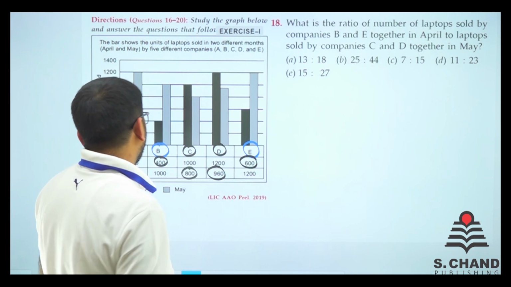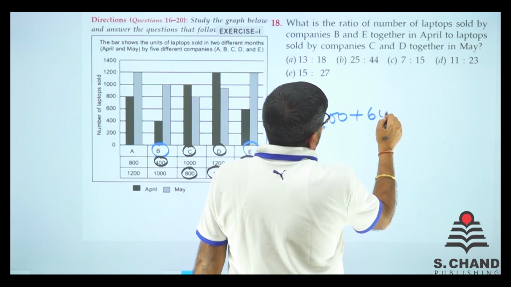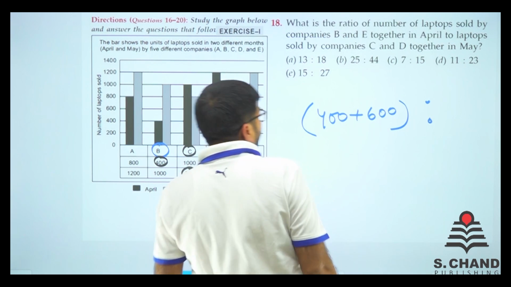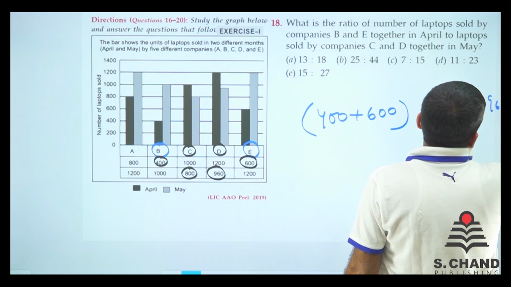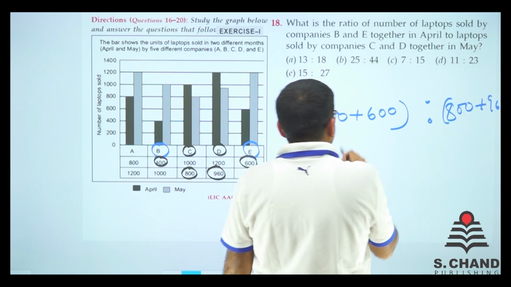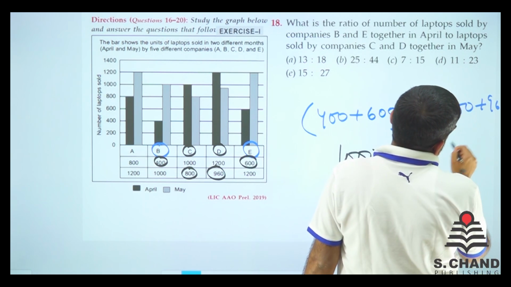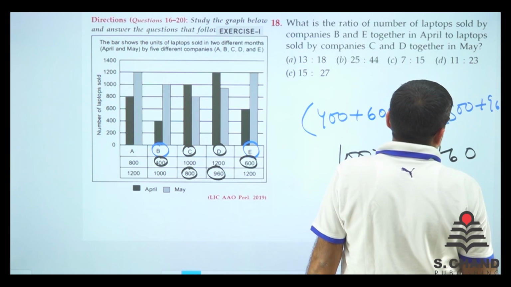They have asked for the ratio. So 400 and 600. So 400 plus 600 this side, ratio 800 and 960. So 800, 960. See, this is 1000 and this is 8 and 8, 16, 17, 1760, right?